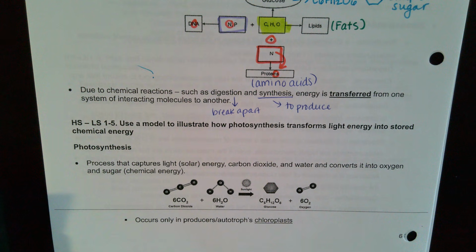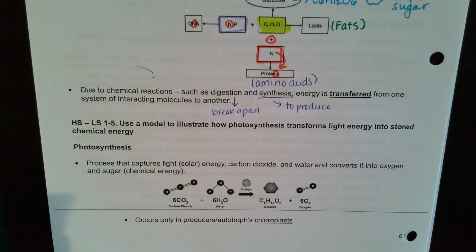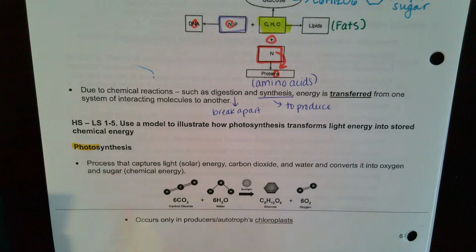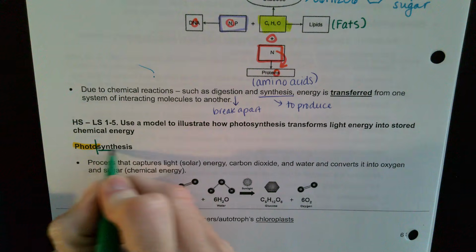Our next standard, which has to do with matter and energy, is going to refer to photosynthesis. Use a model to illustrate how photosynthesis transforms light energy into stored chemical energy. When I see the word photosynthesis, I like to break that word apart into its 2 affixes.